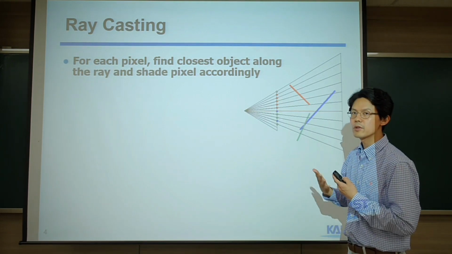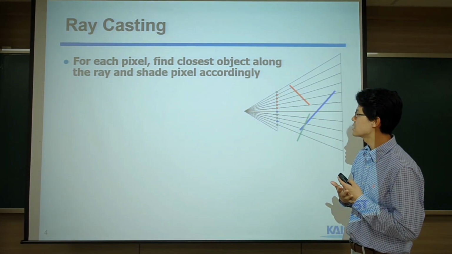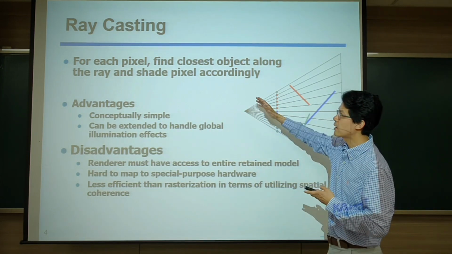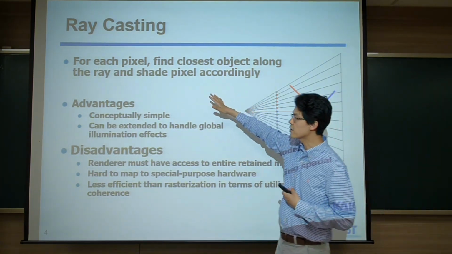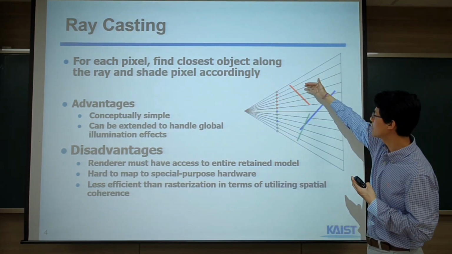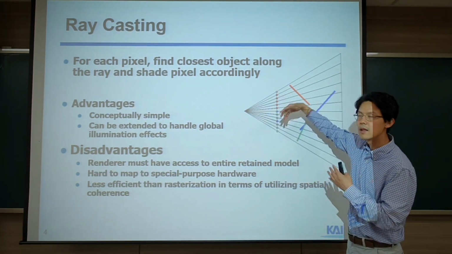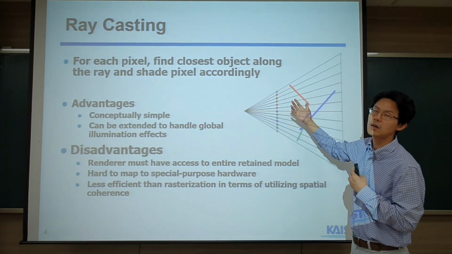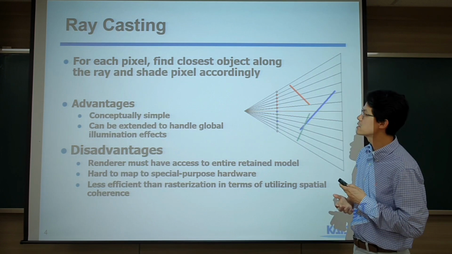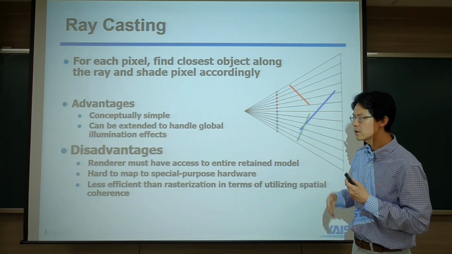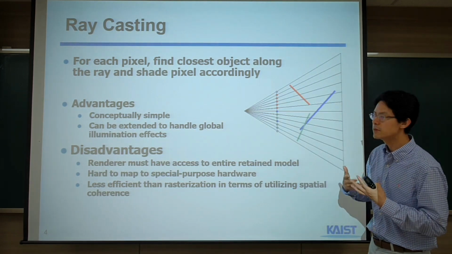Conceptually, it seems very similar to Z buffering, but there are fundamental differences. One of the main advantages of ray casting is that it's conceptually simple. We just generate a ray passing through each pixel, detect the intersection point, and compute the color. But in the case of rasterization, it is much more involved.